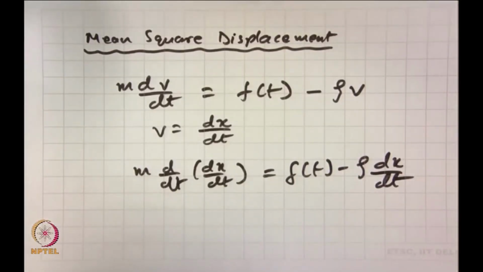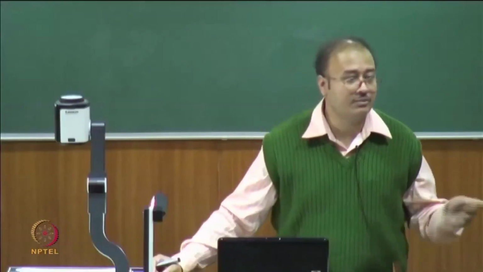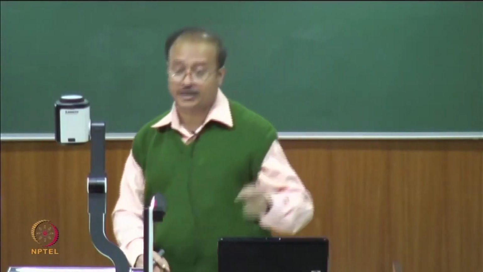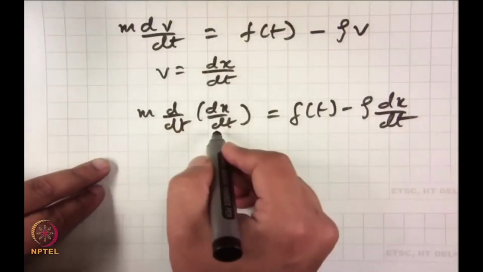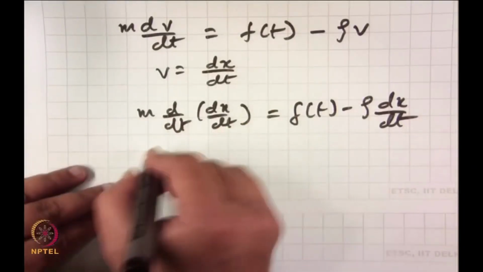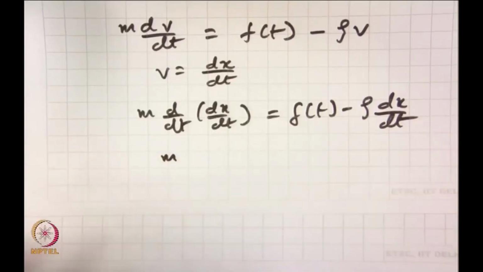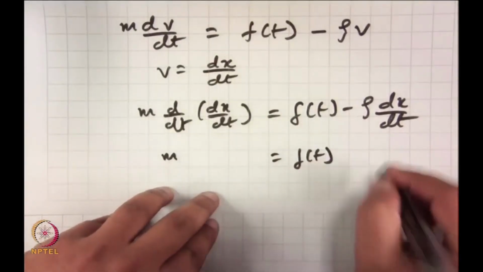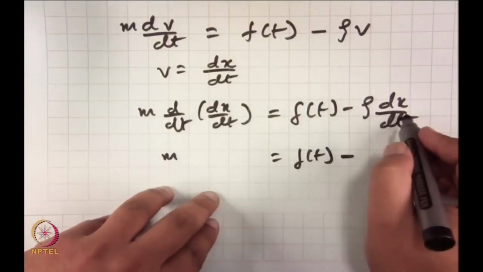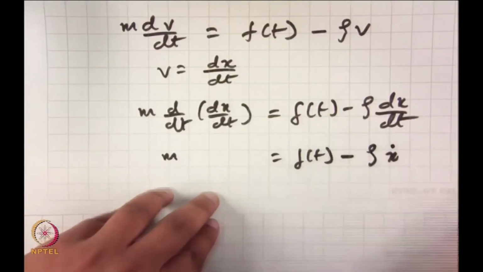I just put in the expression for velocity in terms of the displacement, and why do I need the displacement? Because I am looking not for the velocity in this case. In the previous case I was looking for the velocity correlation, but here I am looking for the displacement, so I have to put in x some way or the other. So, this would be d2x over dt squared. Instead of that, I can write m x double dot is equal to f of t minus xi x dot.